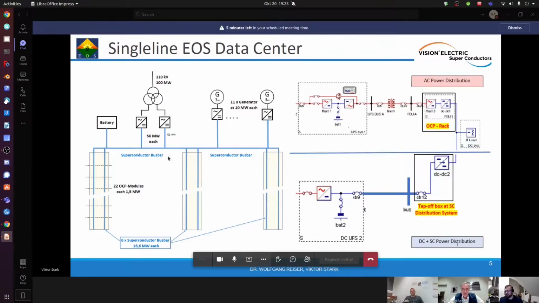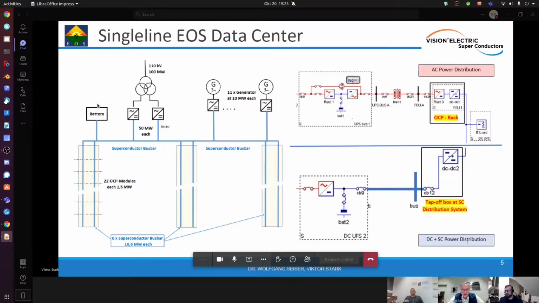So solar panels, grid connection via rectifier units, and also emergency generators can be easily connected to this horizontal collector bar and then distributed to the 6 busbars that go to the 3 buildings, each consisting of 22 OCP modules.